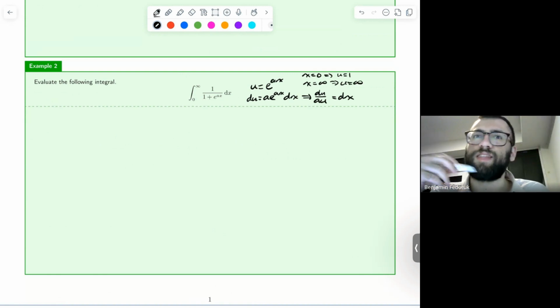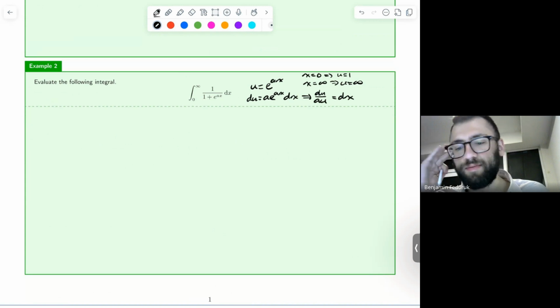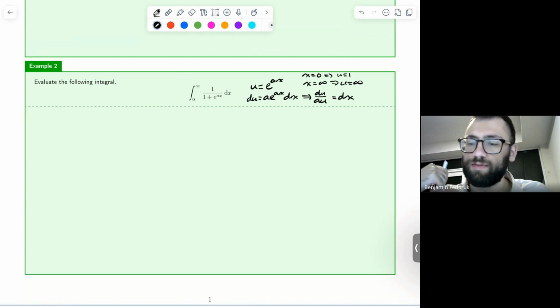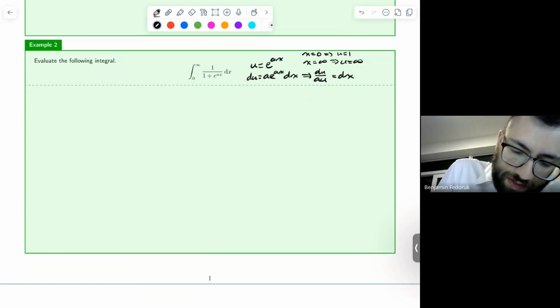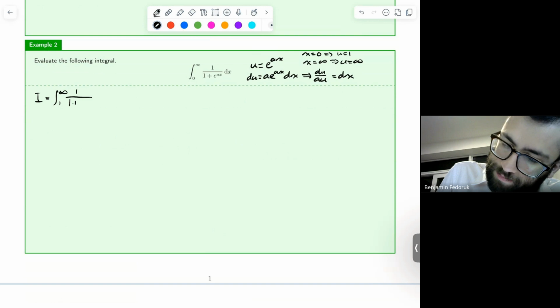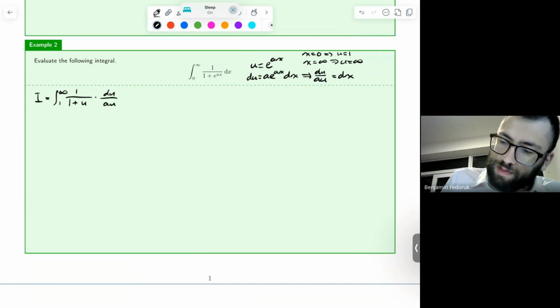And I shouldn't have just said of course, because you might say, well, what if a is negative? a is not negative. So it's always going to be a positive exponential growth curve. Anyways, we can write this integral now. We get our integral from 1 to infinity of 1 over 1 plus u, and then we're going to multiply that by du over au, something like that.